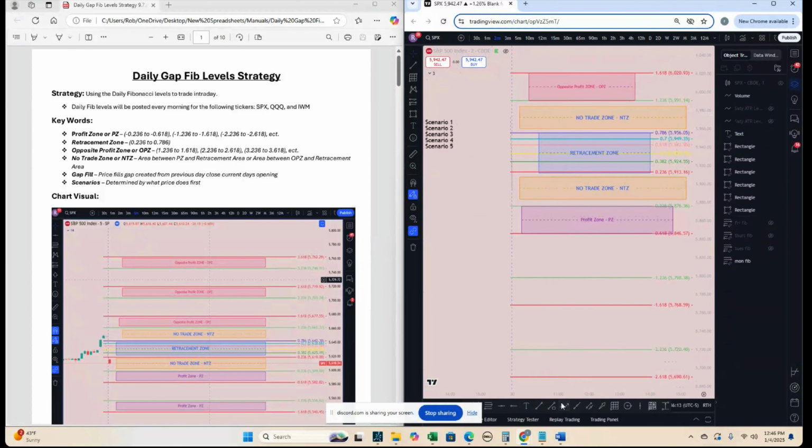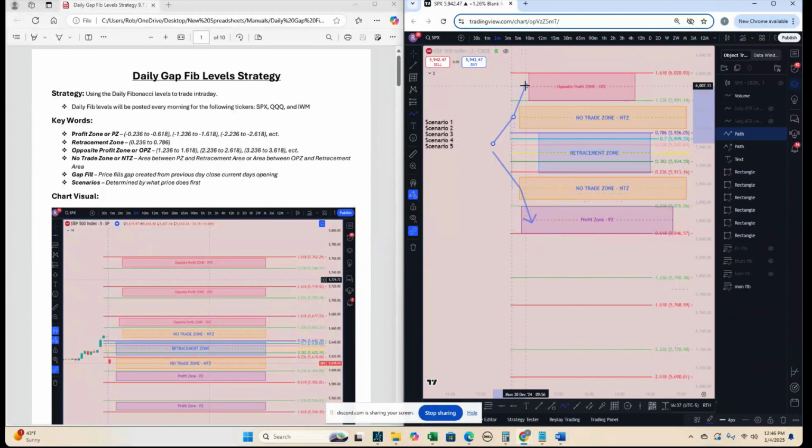Scenario 1 is in which we gap down, right? Price starts here, closes here from the previous day, gaps down, and shoots straight to the profit zone. That is a scenario 1. If we gap up, it will be the same thing. Say, for instance, this was the actual profit zone.